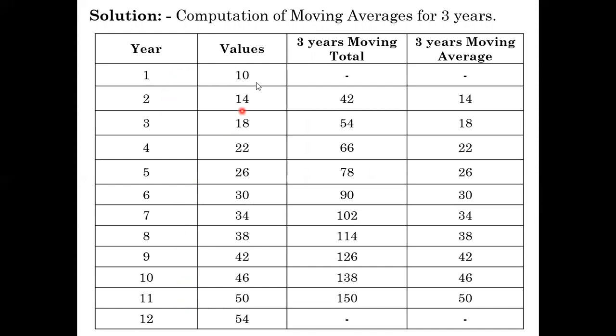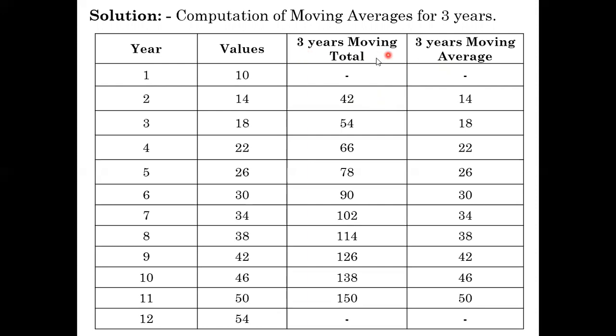This is the table for how we calculate it. The year column and values are given in the problem as they are. Now you have to find these two columns: the 3 years moving total and the 3 years moving average.